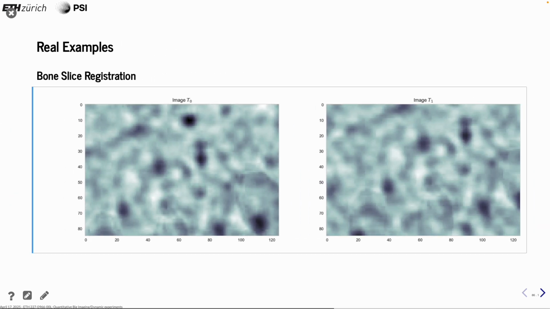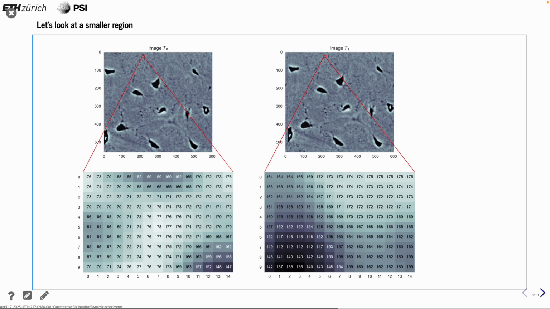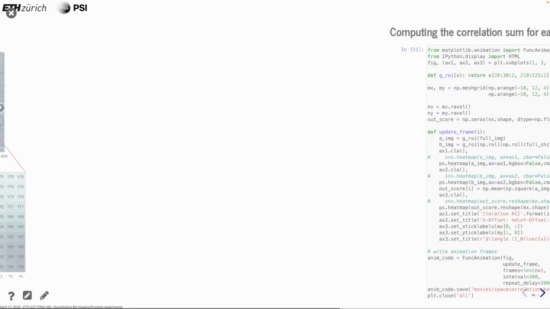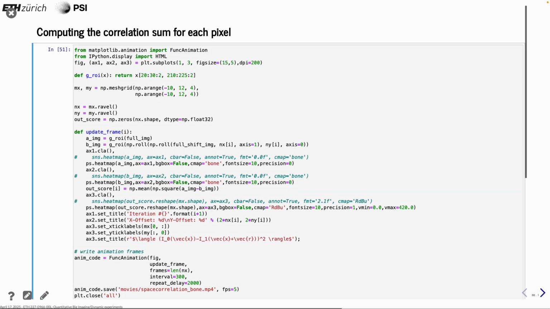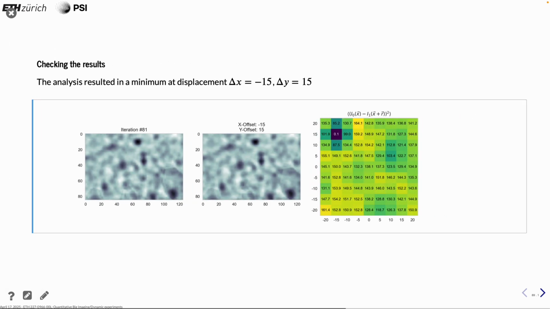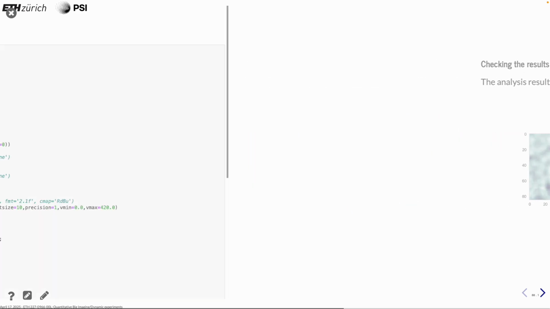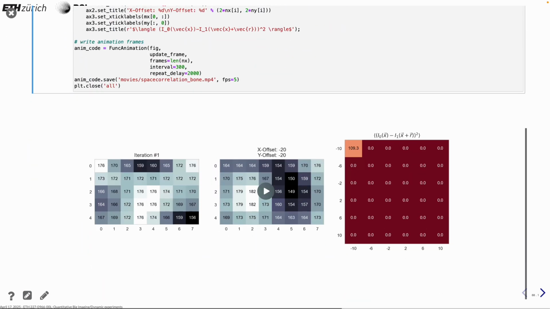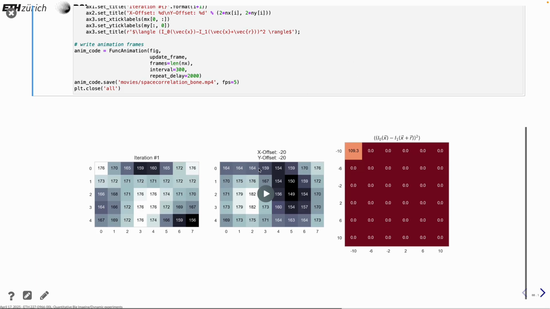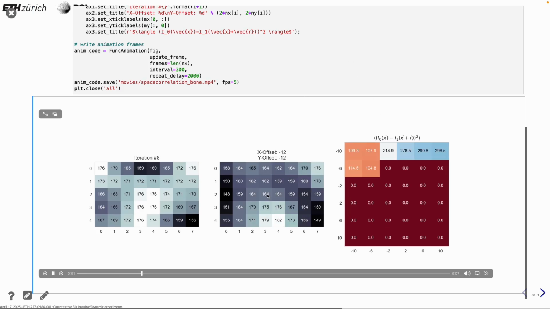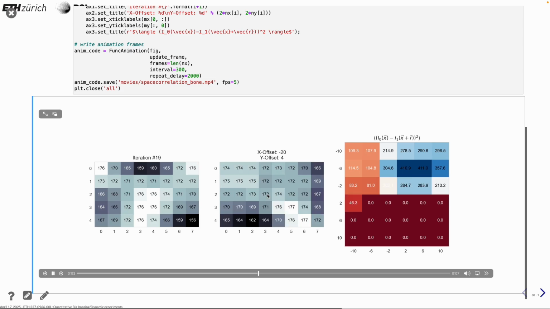And then we can look at also the bone slice registration. We have a very small crop from the bone slice, and do the Fourier transform from it. Oh no, this is the first, the smaller region, and that is a long piece of code. In principle, this is just for the animation. So, no, wait. I think it's down here. Yeah, there it is. Here you can see what it looks like when we run through the bone.